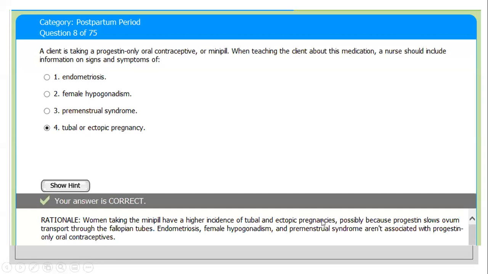What is ectopic pregnancy? Pregnancy implanted at any site except the uterine cavity. Possibly because progestin slows the ovum transport through the fallopian tube.